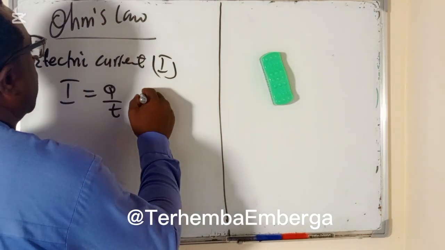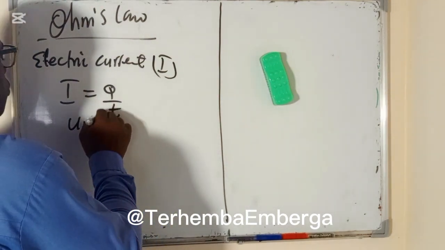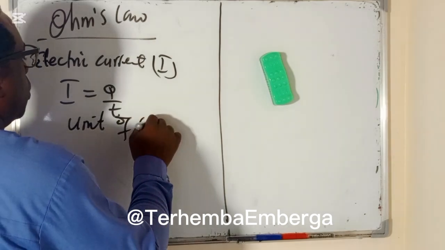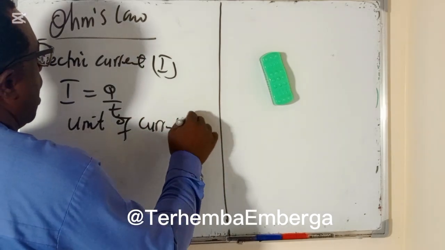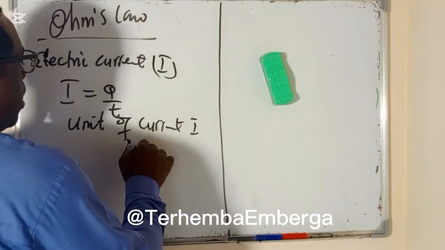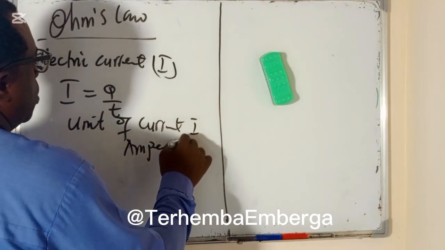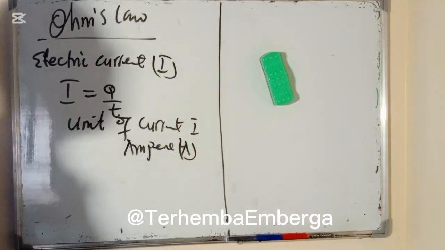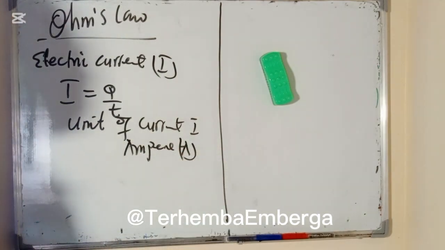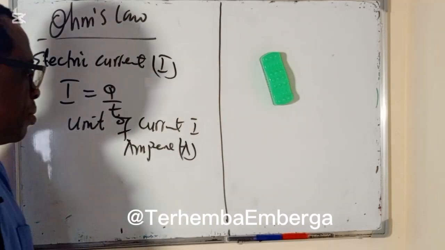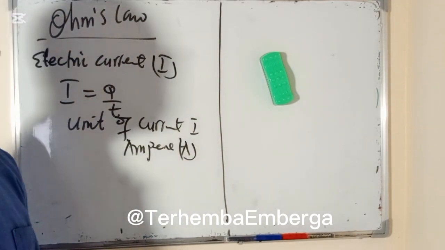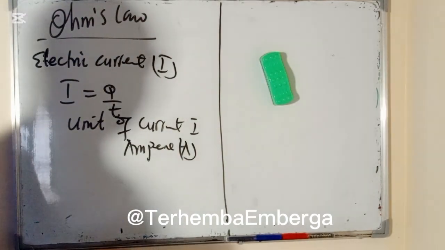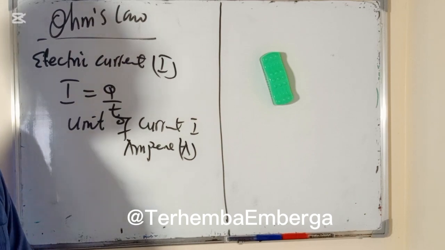And the unit of current I is what we call ampere. Ampere is the unit of current. So having defined these terms, we can talk about Ohm's law.